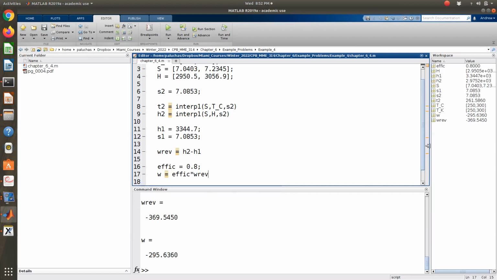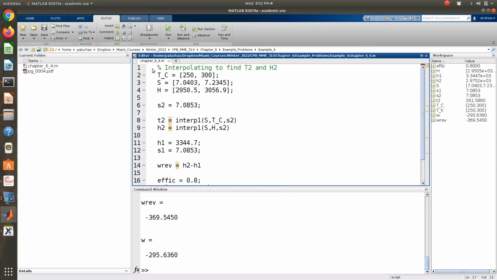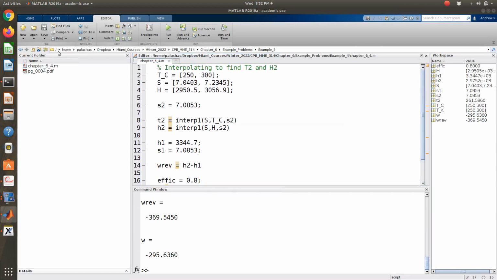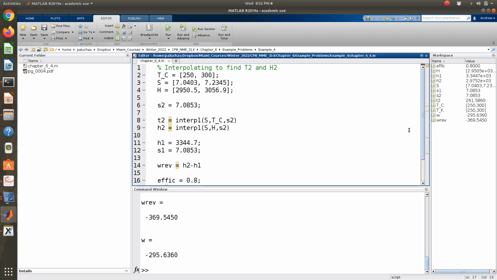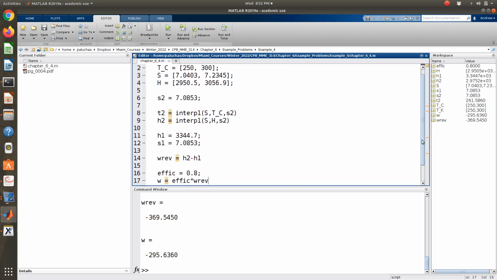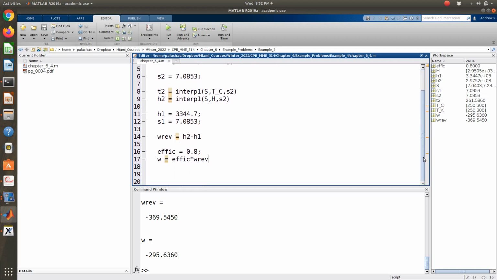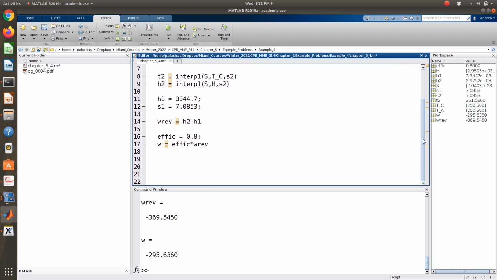Let me save a copy of this just so I don't confuse all of these twos. I'm just trying to think out loud because H2 is going to be different now. So let's think of this as non-reversible.